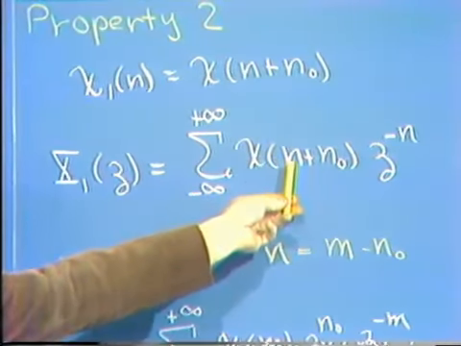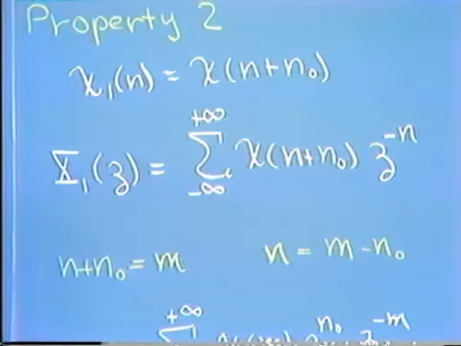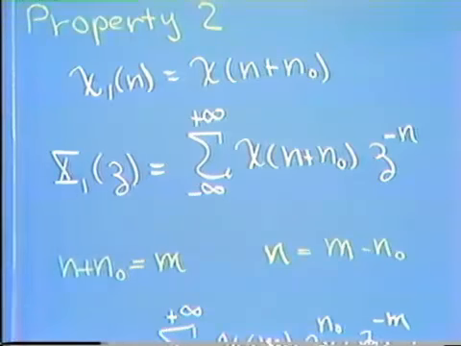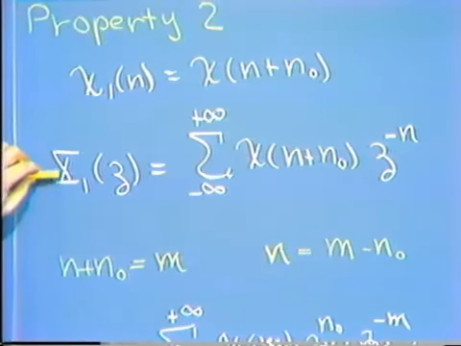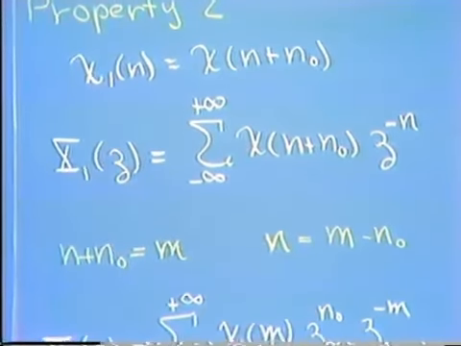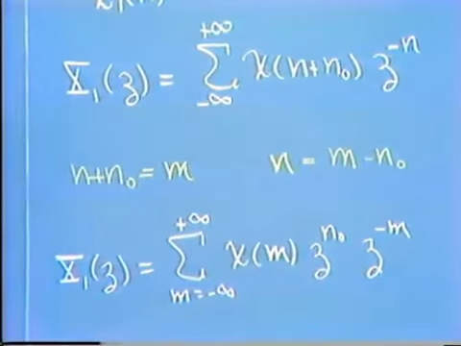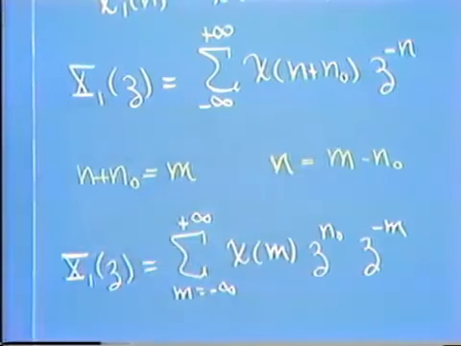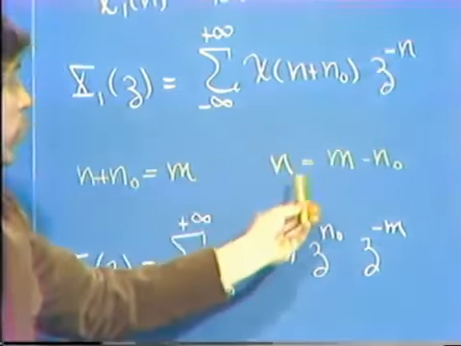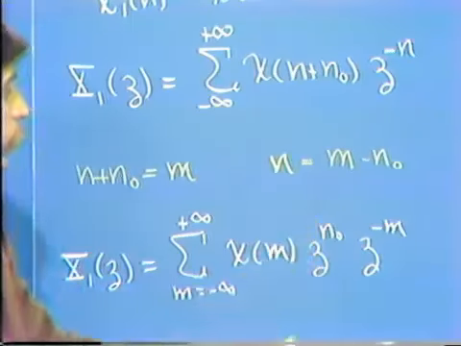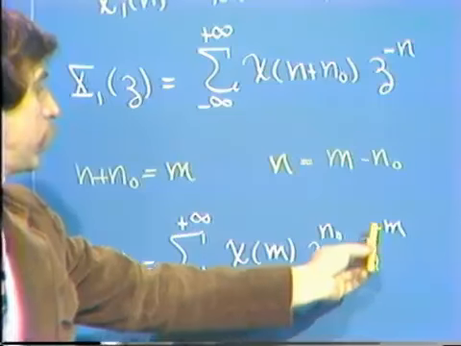Let's replace n plus n0 by a new variable m, or n is equal to m minus n0, in which case we can rewrite this expression as X1 of z is the sum on m of x of m, because this is now m, n is replaced by m minus n0, so we have z to the n0 times z to the minus m.